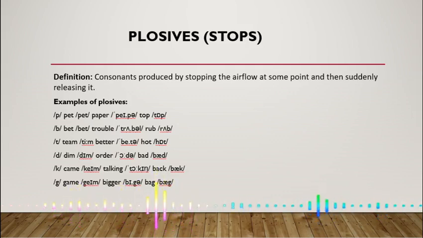Another example is B, as in bet, trouble, rub. We have another example of the plosive sounds or stops, which is T, as in team, better, hot.